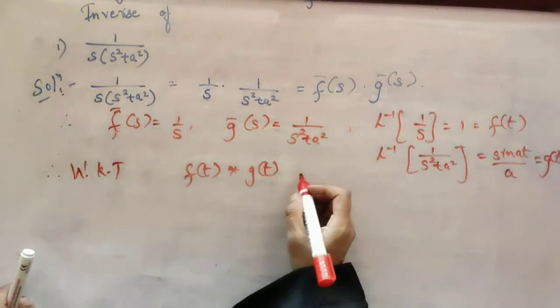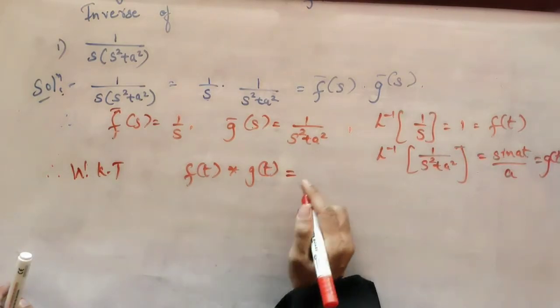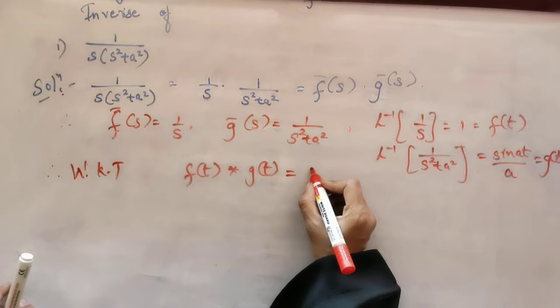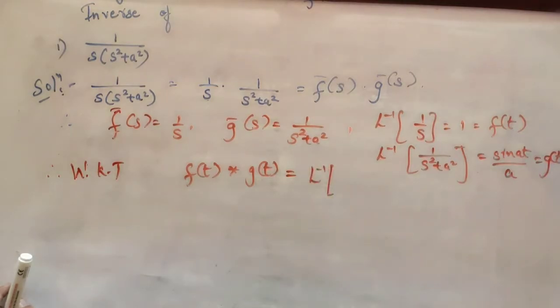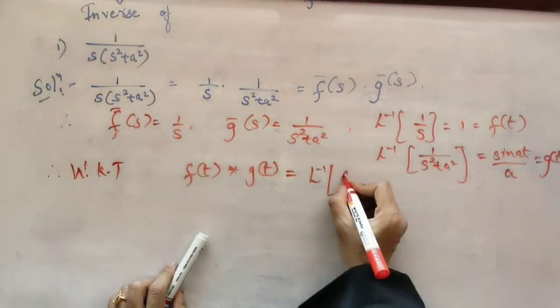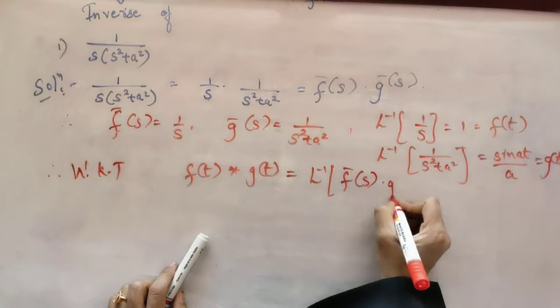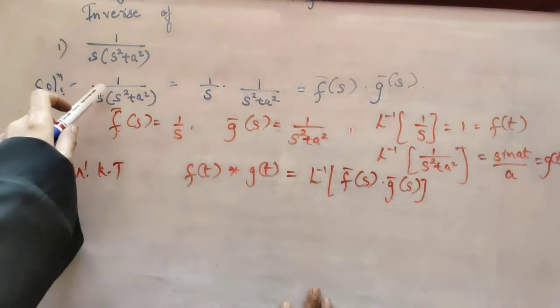I will not take this equation directly, we will take the last equation I had given. f of t star g of t is also equal to L inverse of f bar of s into g bar of s. So we need to work for the L inverse of these two things.